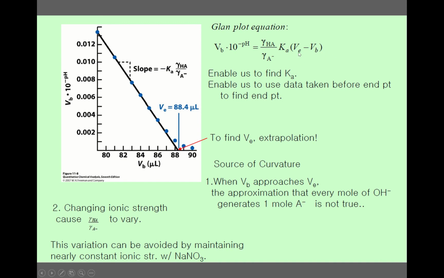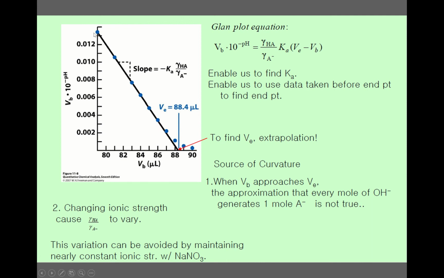But you need to take data before the equivalence point. Here, 1, 2, 3, 4, 5, 6, 7, 8, 9, 10. Although you took 10 data points, as the volume approaches the equivalence point, the points deviate from the linear.